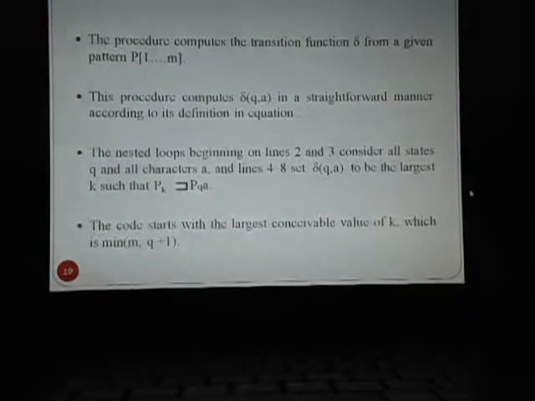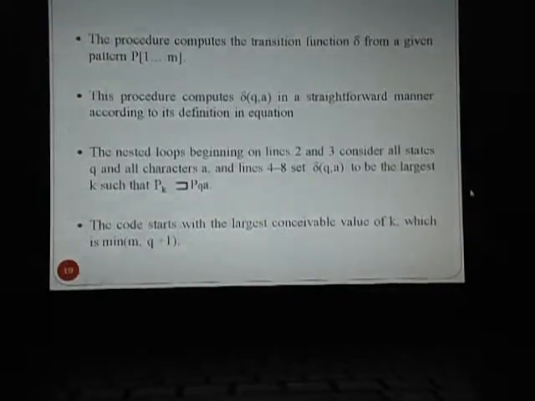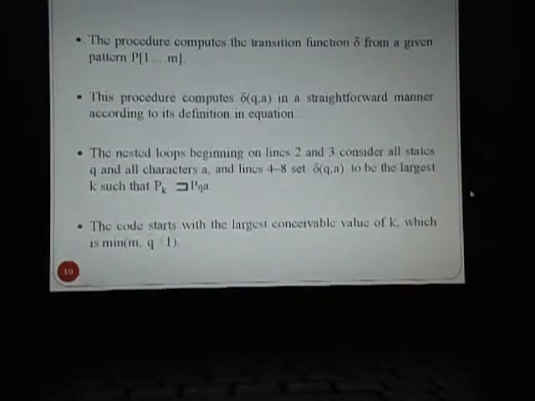The procedure computes the transition function delta from the given pattern P of 1 to m. This procedure computes delta of q comma a in a straightforward manner according to its definition in the equation. The nested loops begin on line 2, and line 3 considers all the states q and characters a, and lines 4 to 8 set delta of q comma a to be the largest k such that pk is a suffix of pqa.